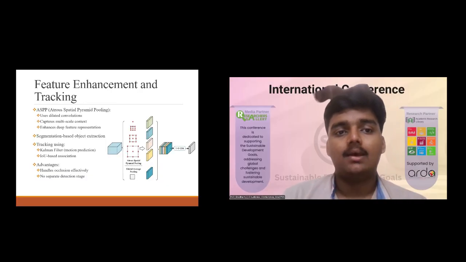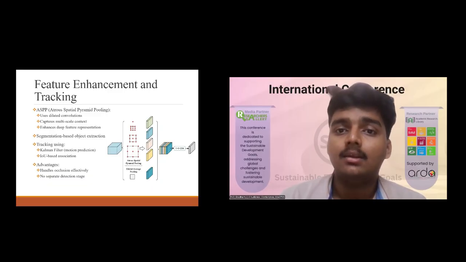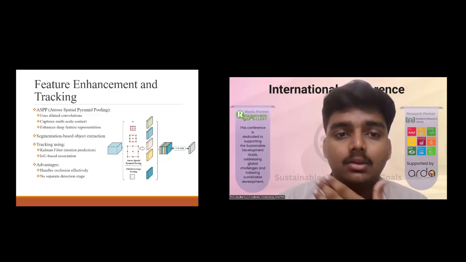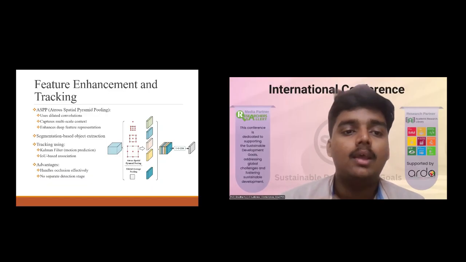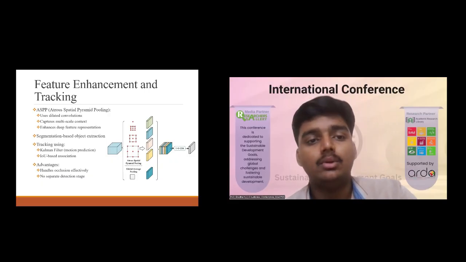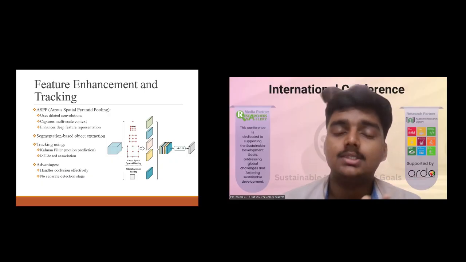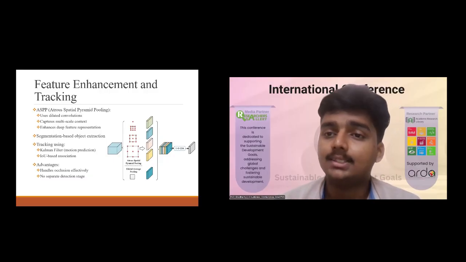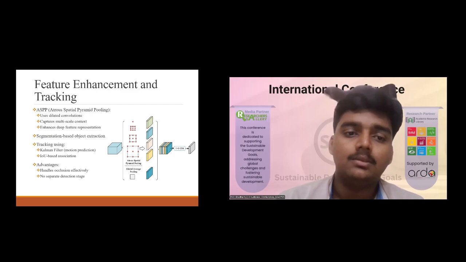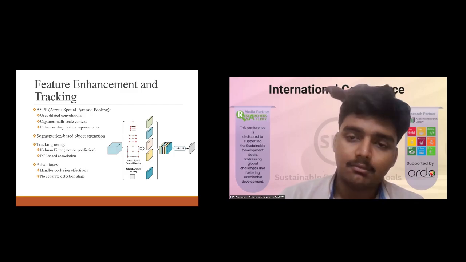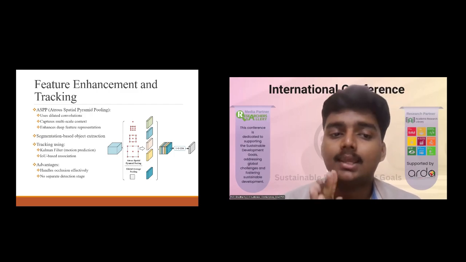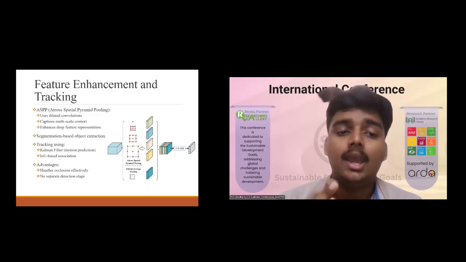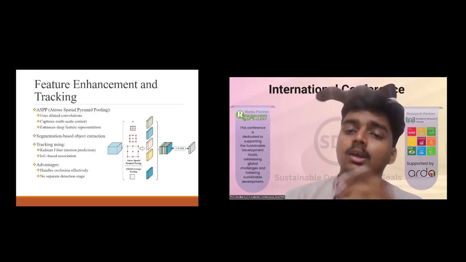This is the feature enhancement and tracking layer we have included within the model. We use dilated convolutions, which enable multi-scale context and deep feature representations. For the time being, the tracking is implemented using a Kalman filter and IOU-based association.